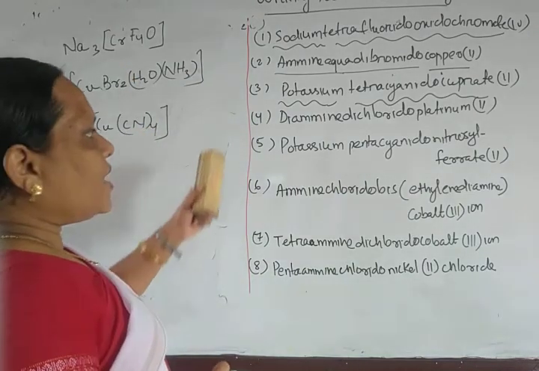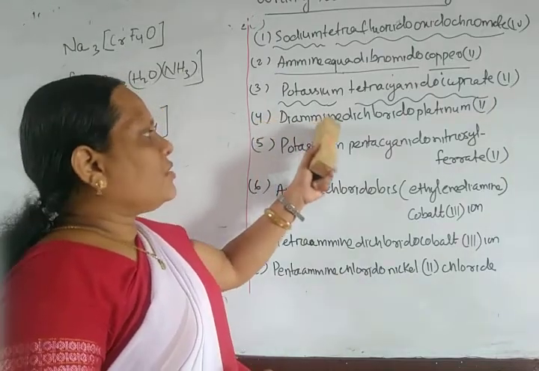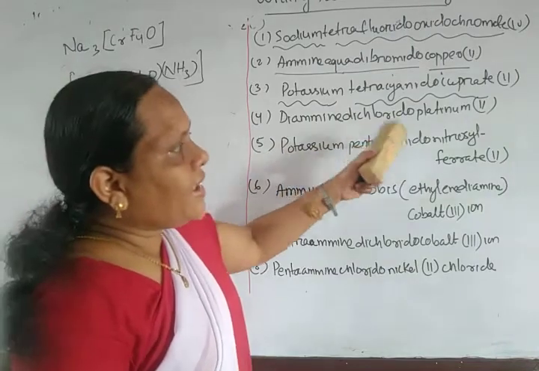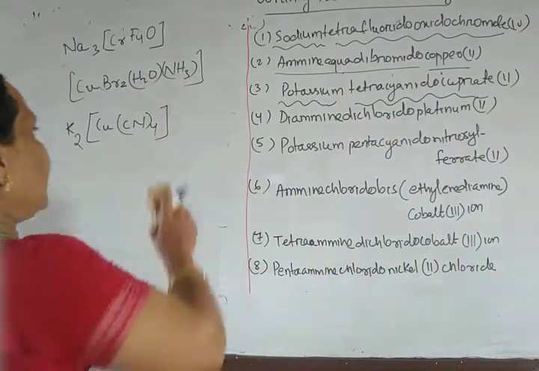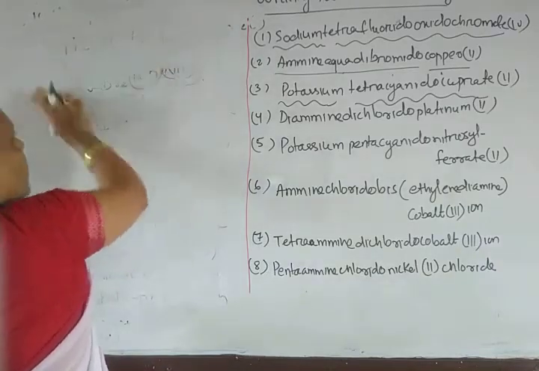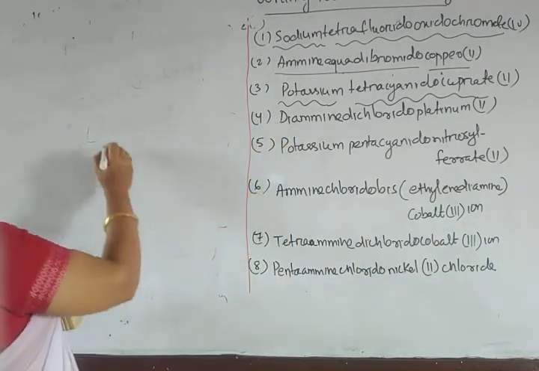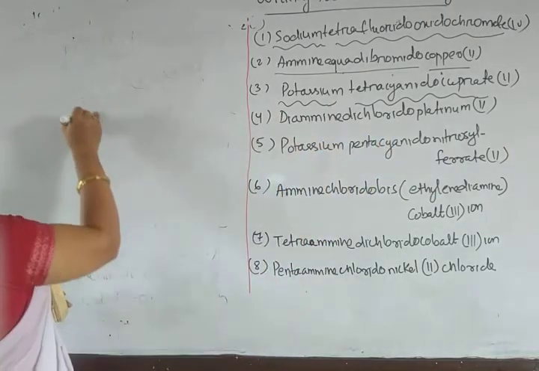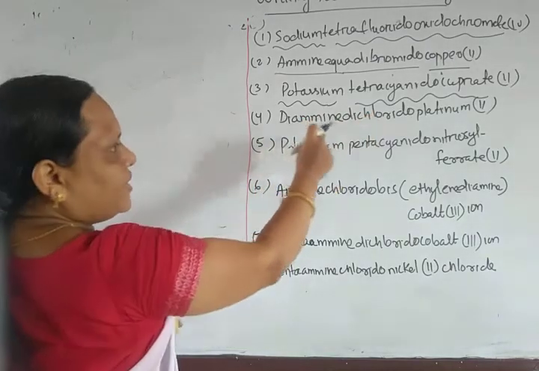Next come to number 4. Diamine dichlorido platinum 2. This is also one word. First write down platinum, then amine and chlorido. Amine is NH3, chlorido is Cl.